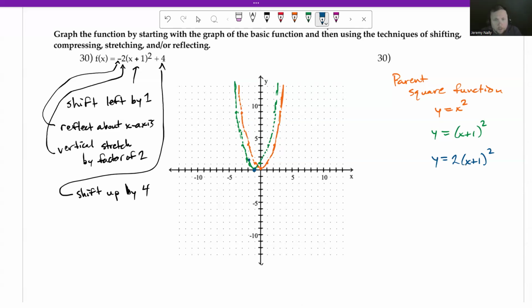I can kind of get them in the right spot. Okay. So if that's at 4, that's going up to 8, 5, 6, 7, 8.